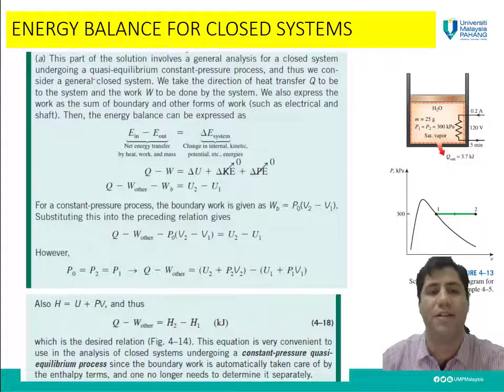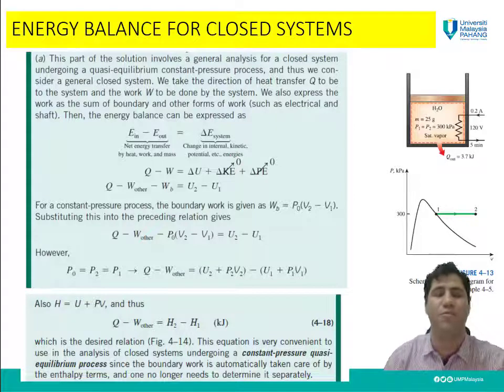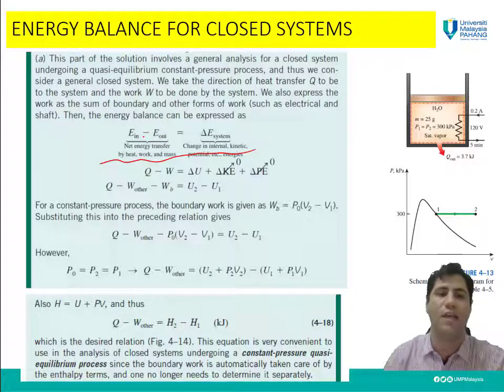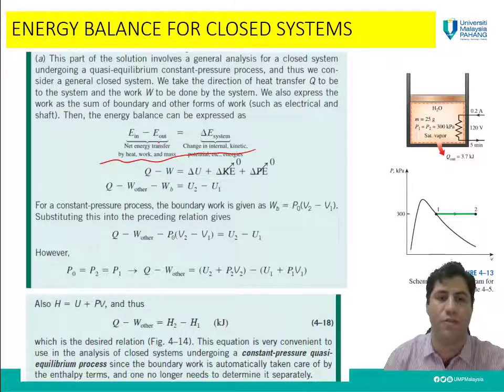For a closed system, when we want to see how the energy of the system changes in thermodynamics, we need to write an energy balance equation. This is the general equation, E in minus E out equal to delta E of the system, which I have already discussed.